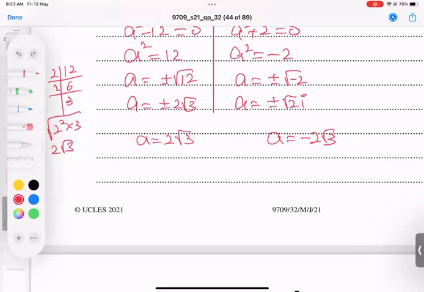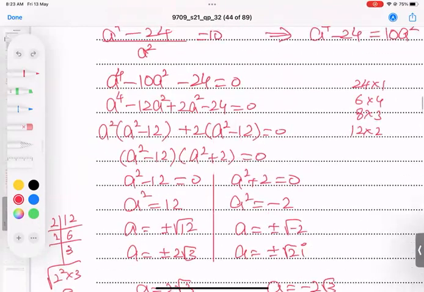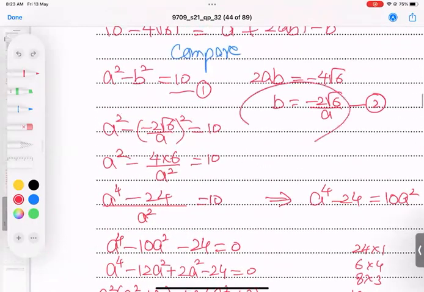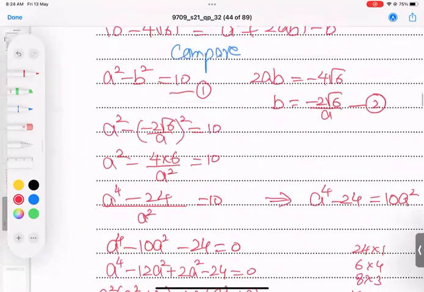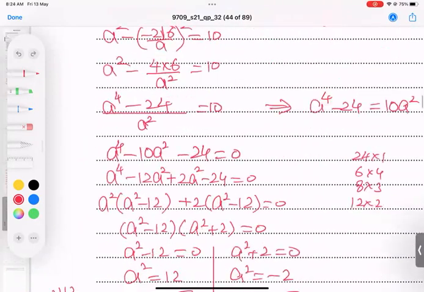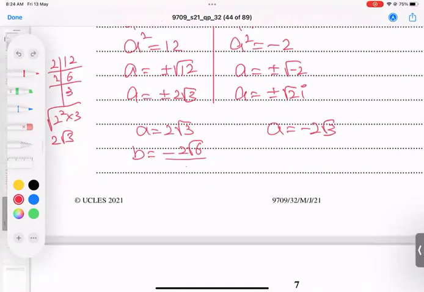Okay, and then what? These both values, I will plug in this equation, which is here in 2. B is equal to negative 2 root 6 divided by A, and negative 2 root 3. And you know it very well, this 2 cancels out, and you can combine root 6 by root 3, or you type in calculator, it will give you root 2.